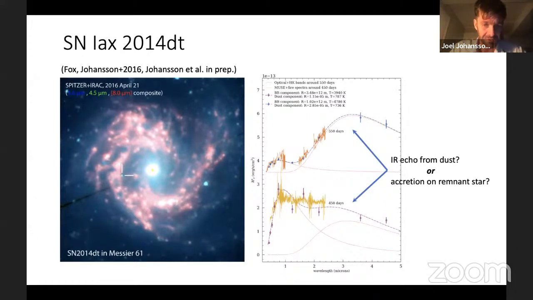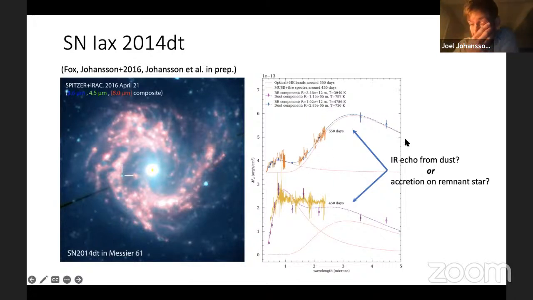So for this supernova, we saw a very strong infrared excess starting a year after explosion. At 450 days, you have this additional emission out in the infrared, which gets stronger and stronger over the next 100, 200 days.